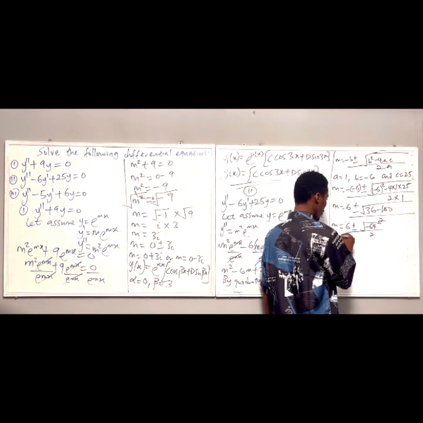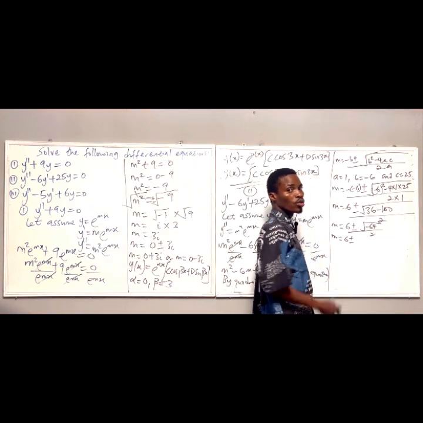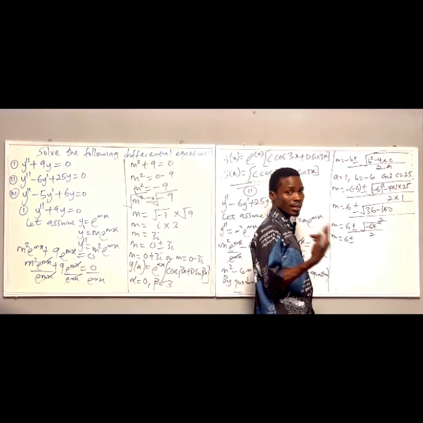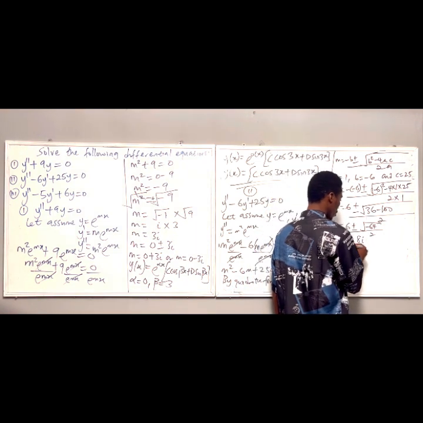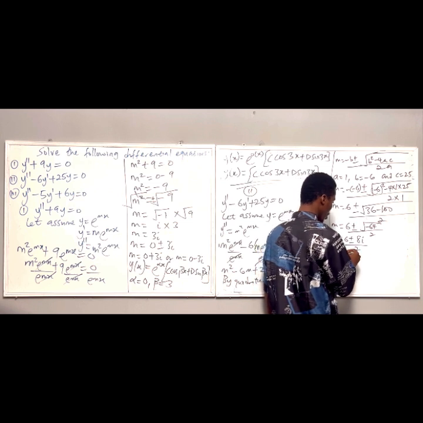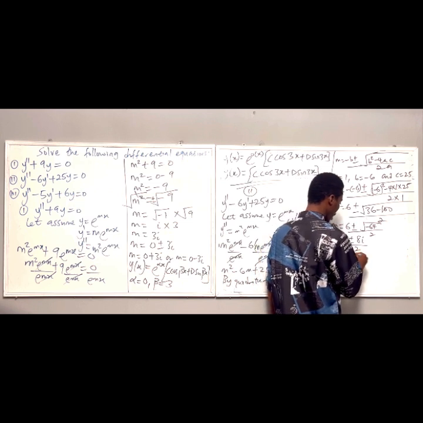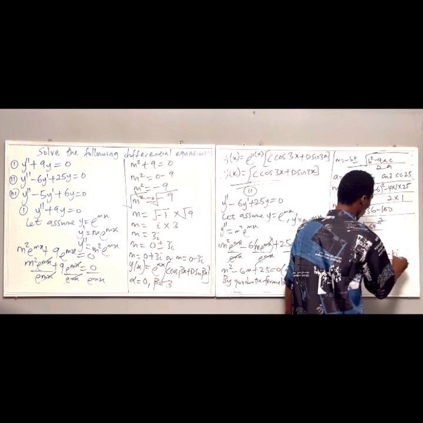So remember, m is equal to 6 plus or minus the square root of minus 64. Remember that the square root of 64 is 8, and the square root of negative 1 will give us i. So I'm going to have 8i all over 2. So I will now solve this. m is equal to 6 plus 8i all over 2, or m is equal to 6 minus 8i all over 2.